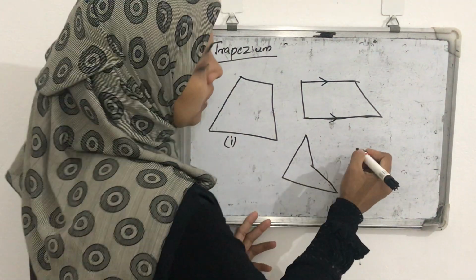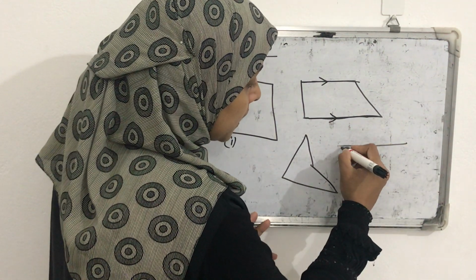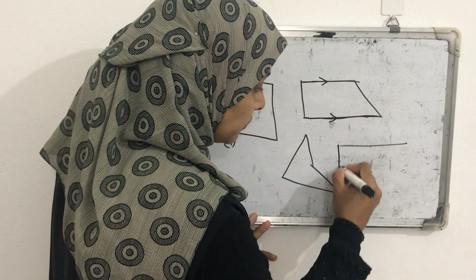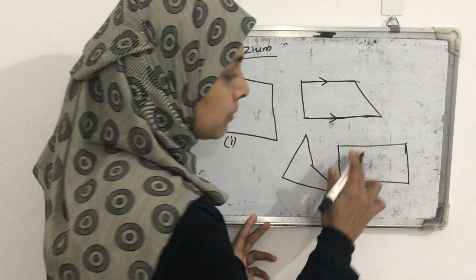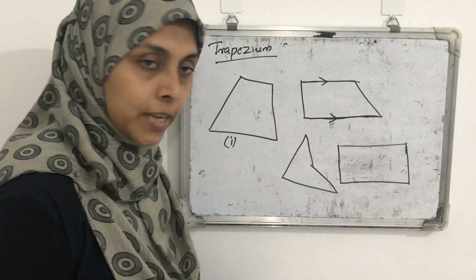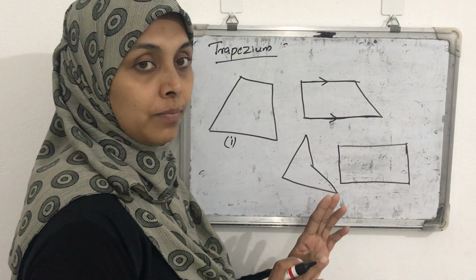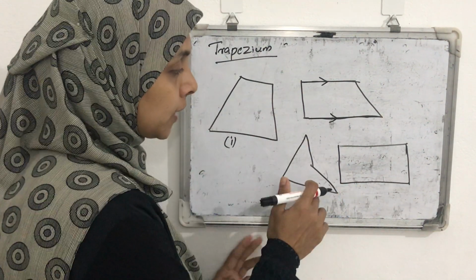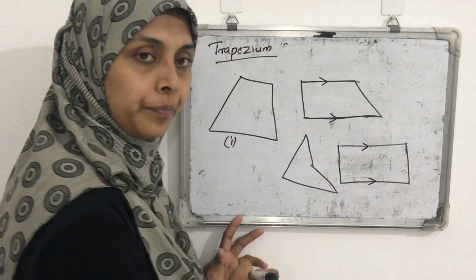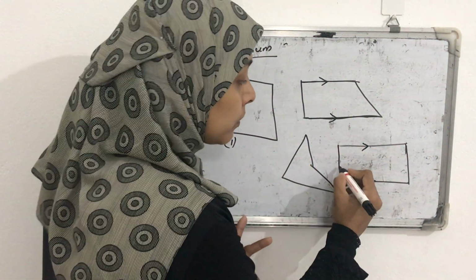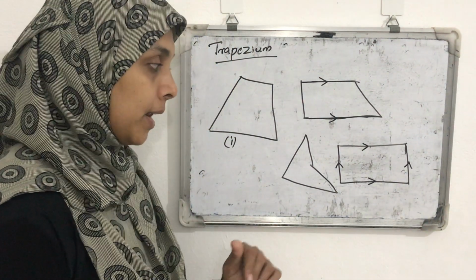Another quadrilateral I am also drawing. Is this also a quadrilateral? It is a quadrilateral, a four-sided polygon, and we also know its special name, rectangle. In this case also these two sides are parallel, and one more pair, these two sides, are also parallel.